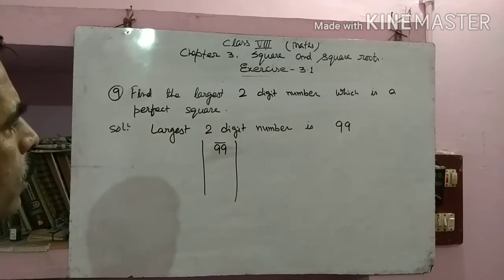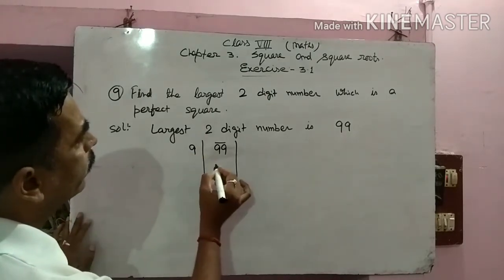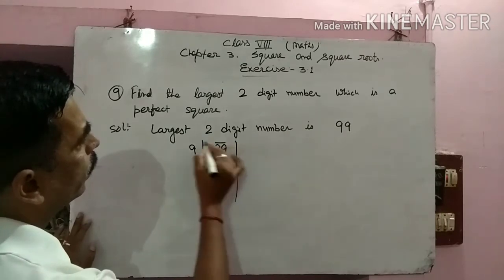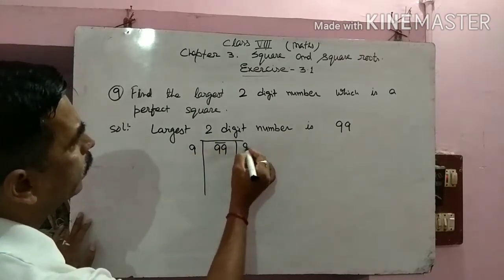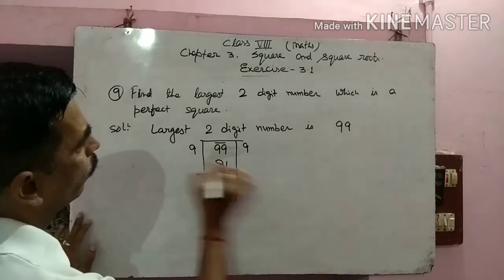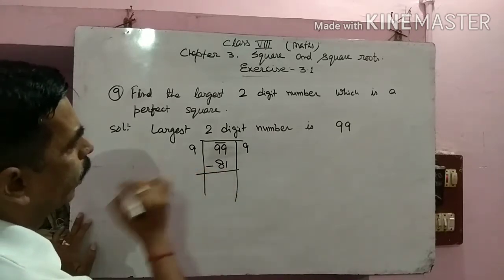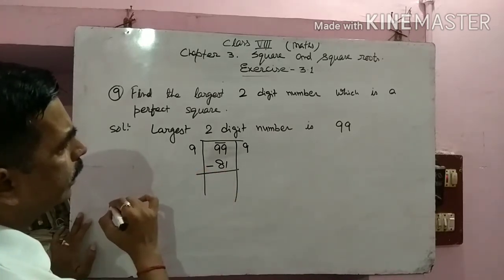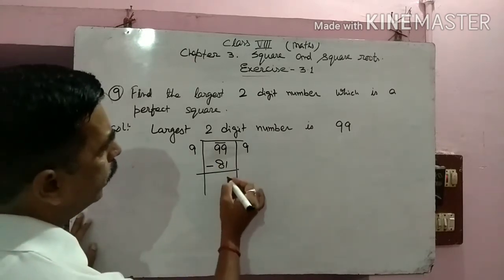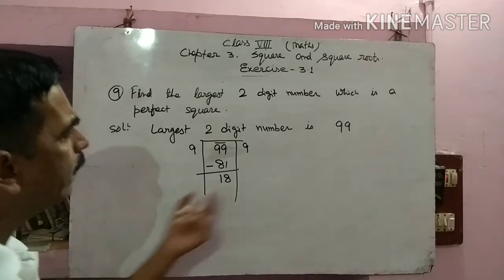So what do we get? 9 times 9 is 81. After subtracting that, what do we get? 8 and 1, 18 remains.